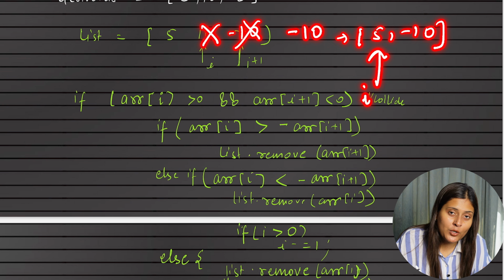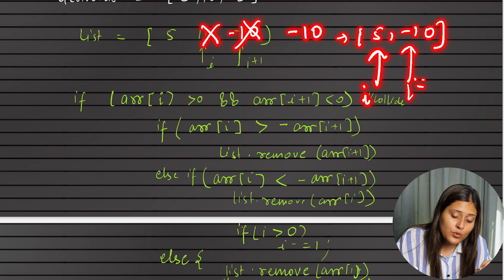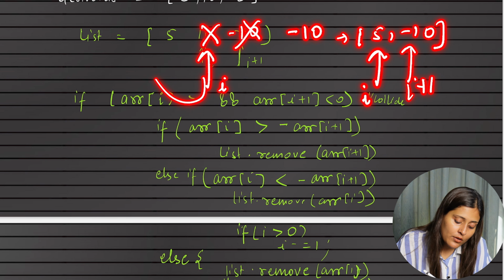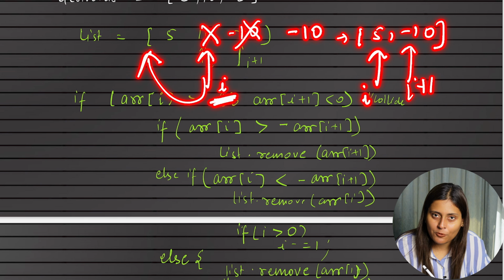I will only be able to compare when my i points to 5 and i plus 1 points to minus 10. So as our i was here, I want this to go to i minus 1 only when my i is greater than 0.